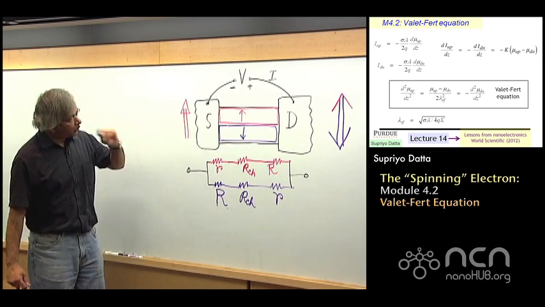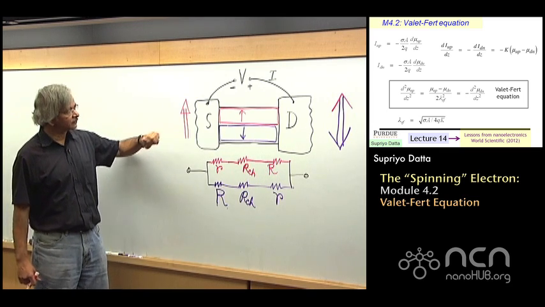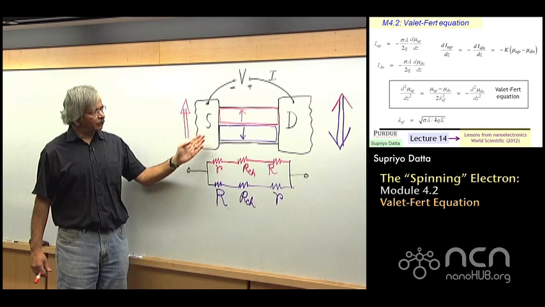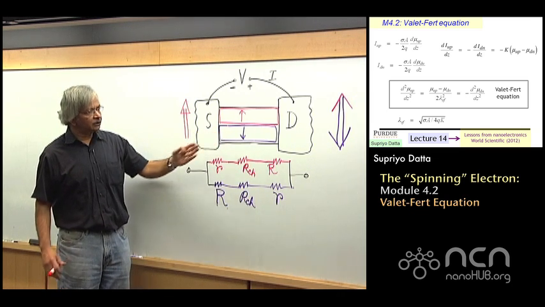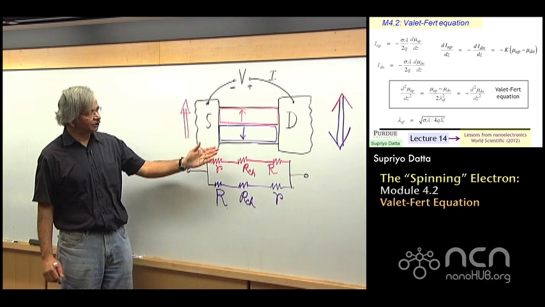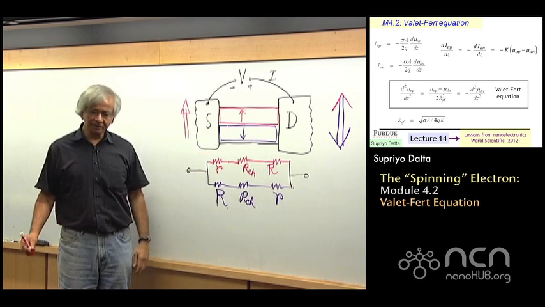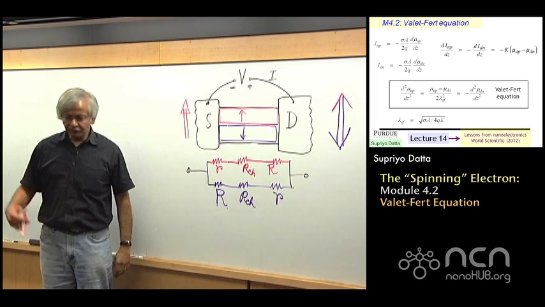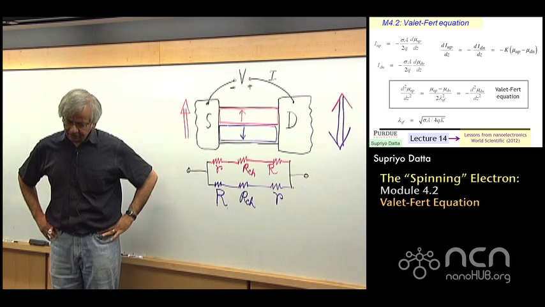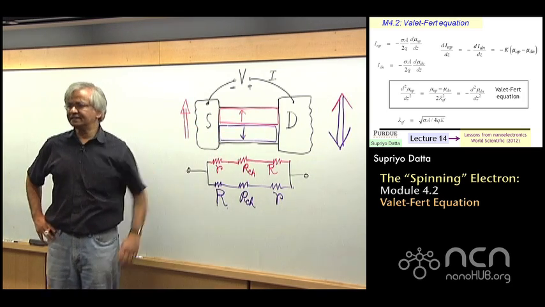Now, what I want to talk about in this module is what the quasi-Fermi level, or this electrochemical potential, looks like inside the channel. As you may recall, in the first few weeks when we were discussing current flow, we usually didn't talk too much about what happens inside the channel.